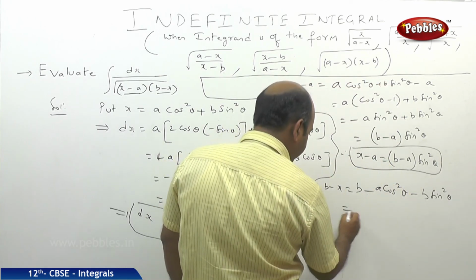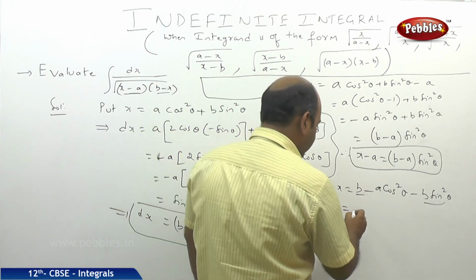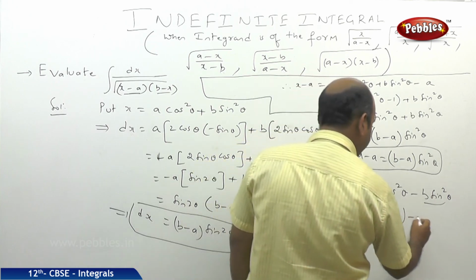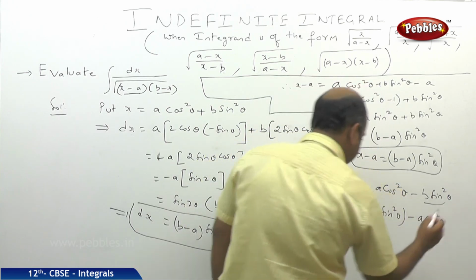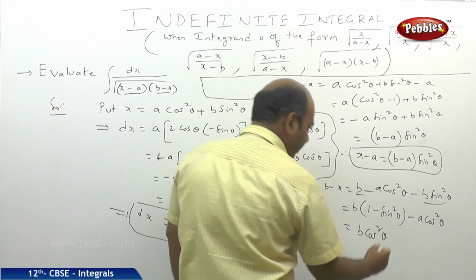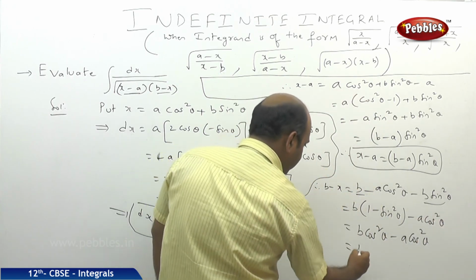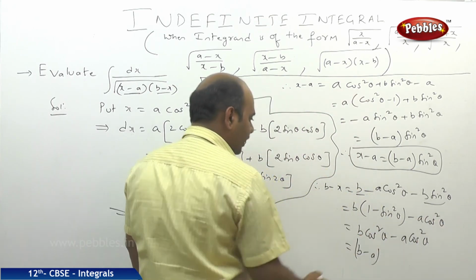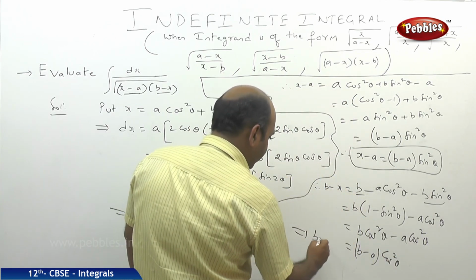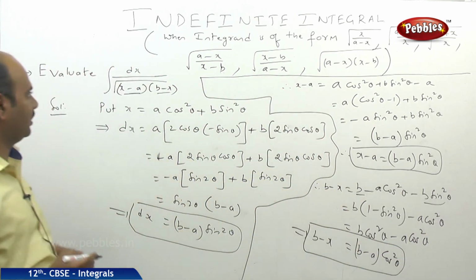Here b is there and here minus b sin square theta is there, so I will take b common. Finally I get b times 1 minus sin square theta minus a cos square theta. This turns to b cos square theta minus a cos square theta. Cos square theta common, so finally b minus a cos square theta. Therefore b minus x is equal to b minus a cos square theta.